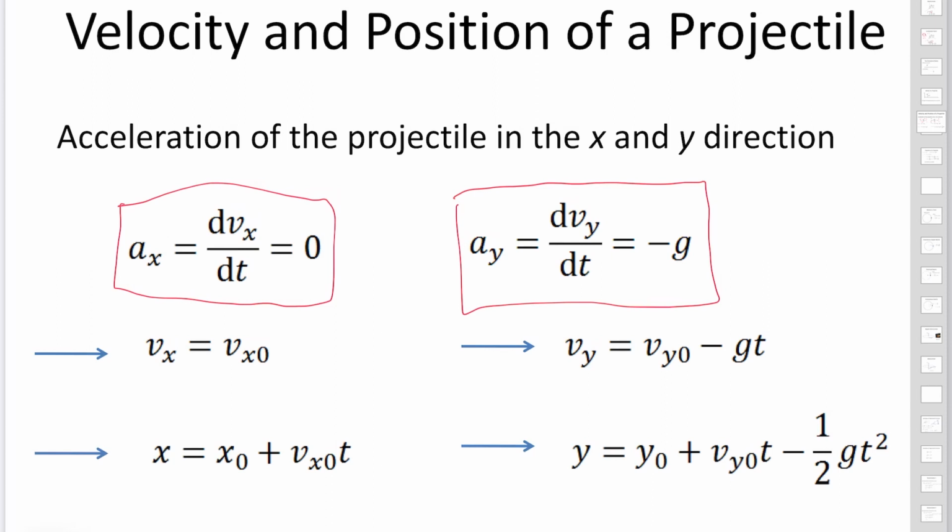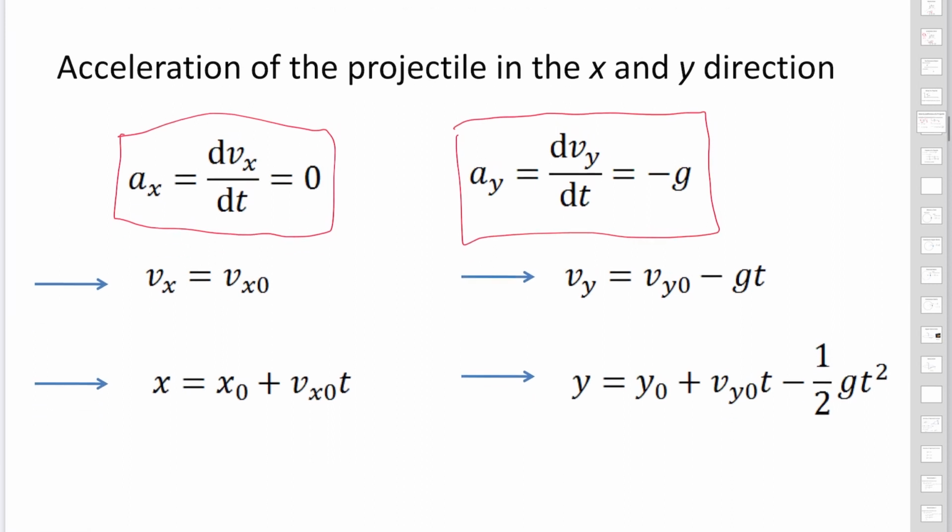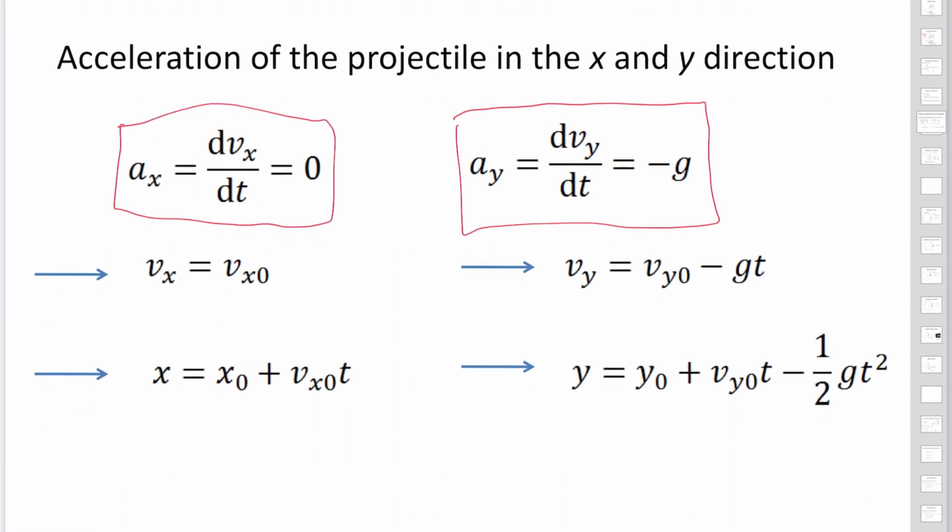Then from these two equations, we are going to find the velocity and positions in the x and y directions. Acceleration in the x direction is 0, so velocity doesn't change. Velocity keeps constant values. From this equation, we can integrate to find the position: x equals x sub 0 plus v sub x0 t. For the acceleration in the y direction, a equals minus g.